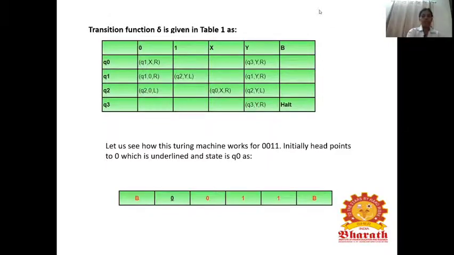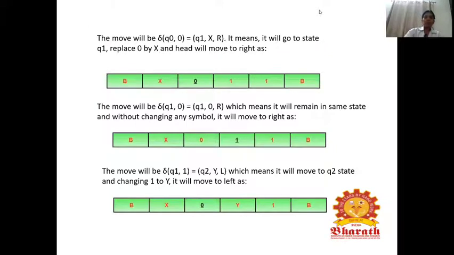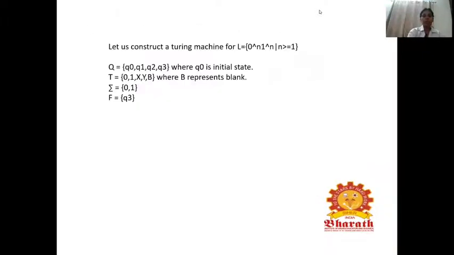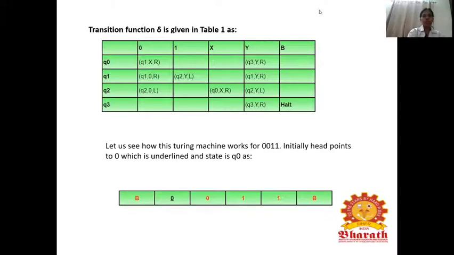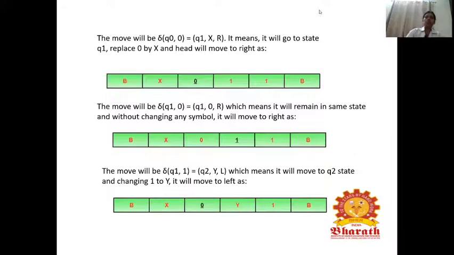The head is now on the 0. So we'll see how the move is going to be for Q0, 0. The move is going to be Q1XR. So Q1XR means it will go to state Q1, replace 0 by X, and the head will move to the right.